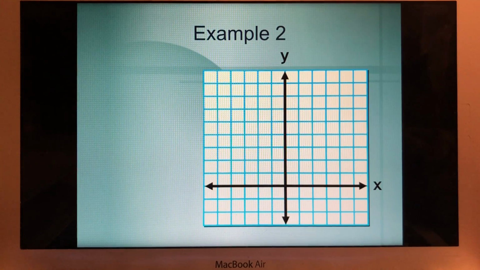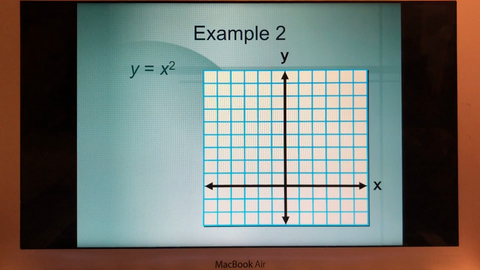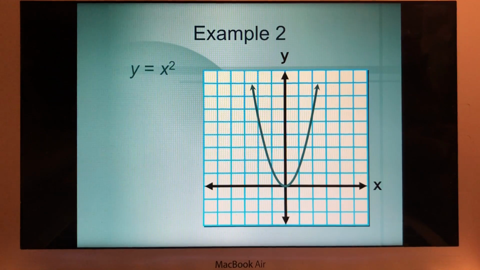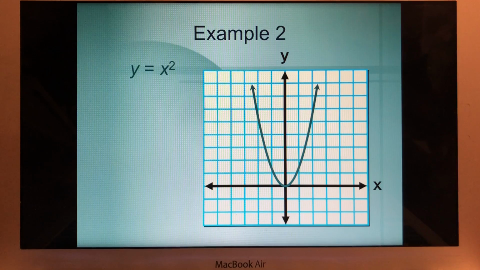So let's continue with the next example here. This is on page 345 in your book. Example number 2 says to graph the function y equals x squared, and then y equals x squared plus 2, and then y equals x squared minus 3 on the same coordinate plane.